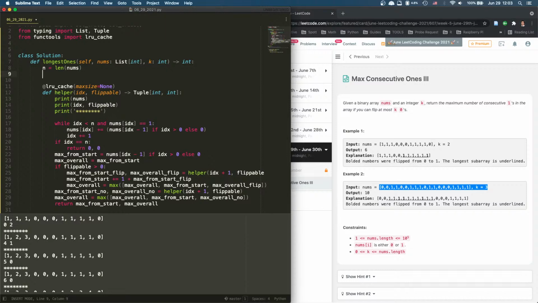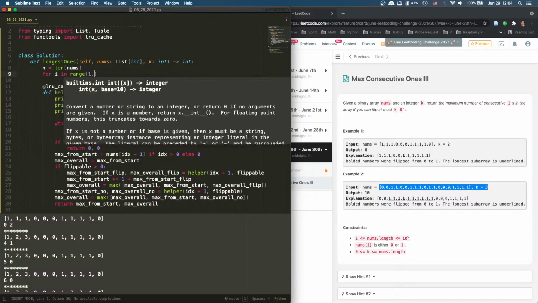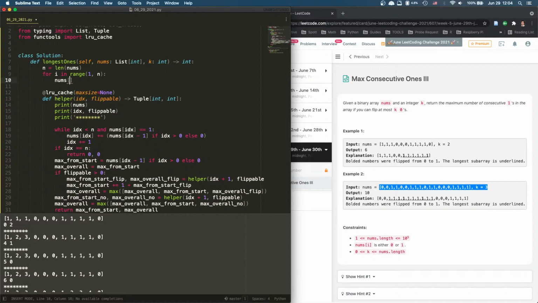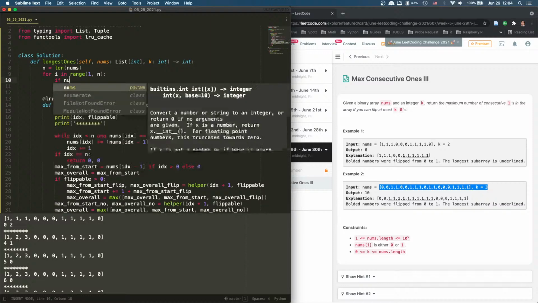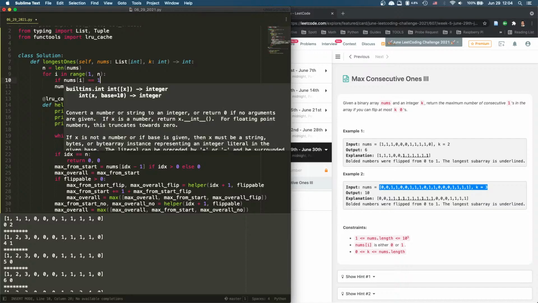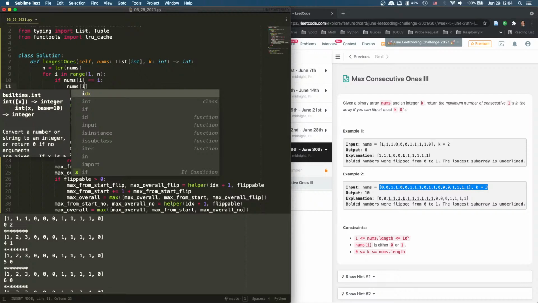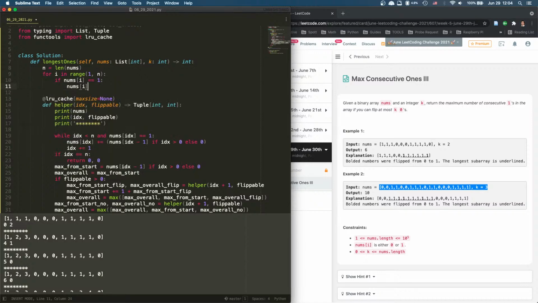So we're going to say for i in range 1 to n, if nums[i] equals 1, then nums[i] plus equals nums[i minus 1].